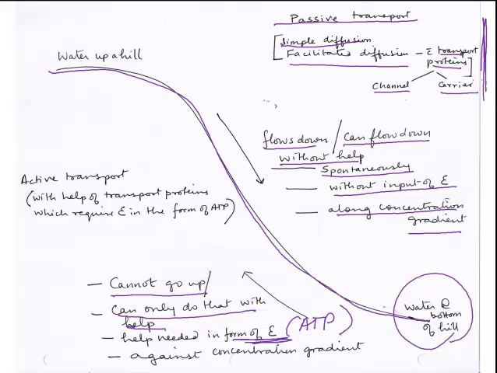Okay. Now what is ATP? I think I have already mentioned it in chapter 7, so we'll hold on that. This goes against the concentration gradient, sort of fighting against the current kind of situation. This process is called active transport. It uses the help of transport proteins similar to facilitated diffusion, which also uses transport proteins.